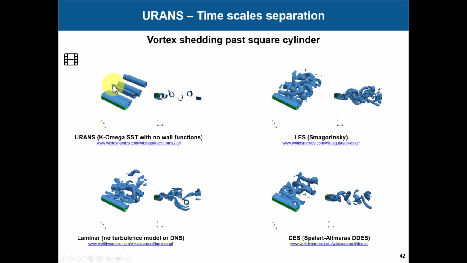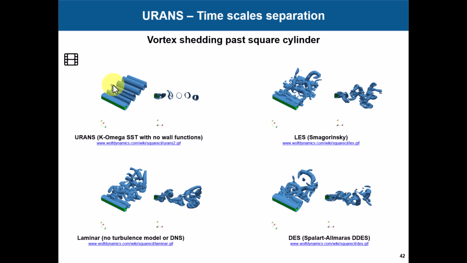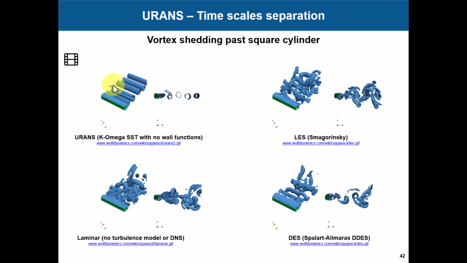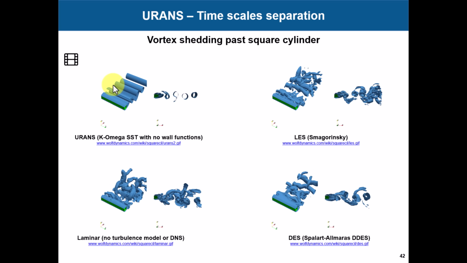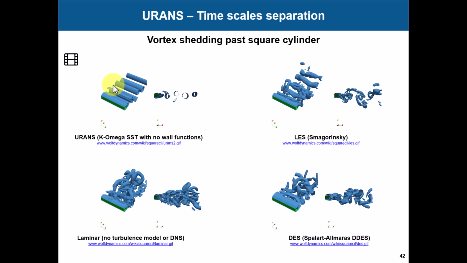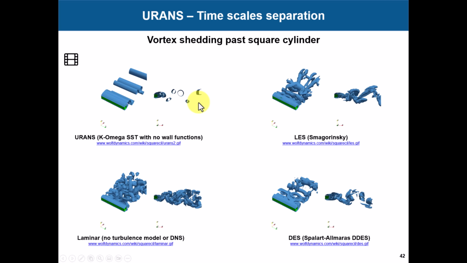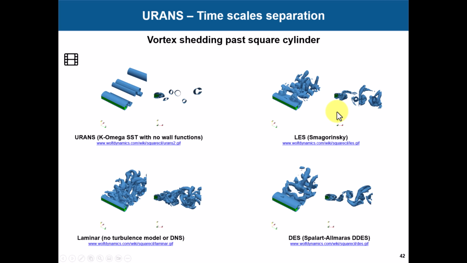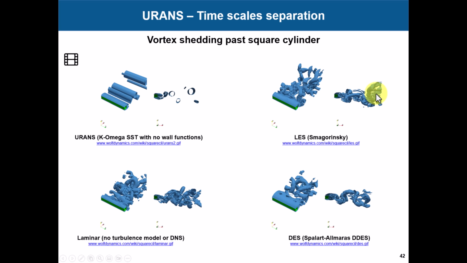It doesn't mean that your solution is wrong. We have seen why that happens: it is due to that averaging, among many things. One of the main reasons will be the averaging. Also look at the spacing between the vortices. There is less diffusion spreading in the wake here than here.